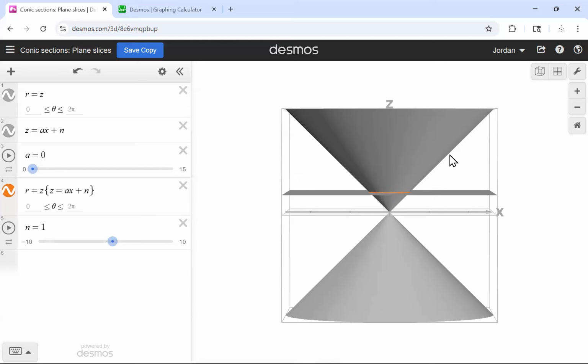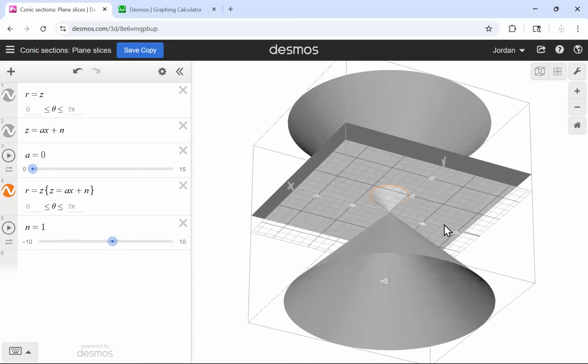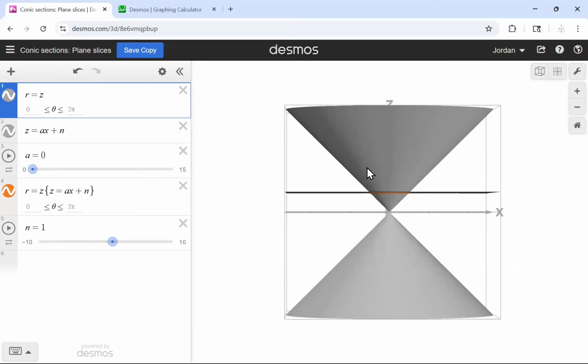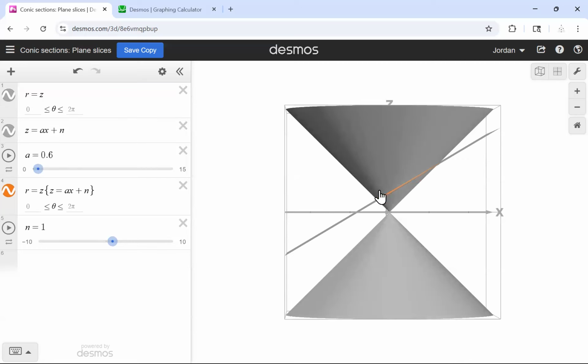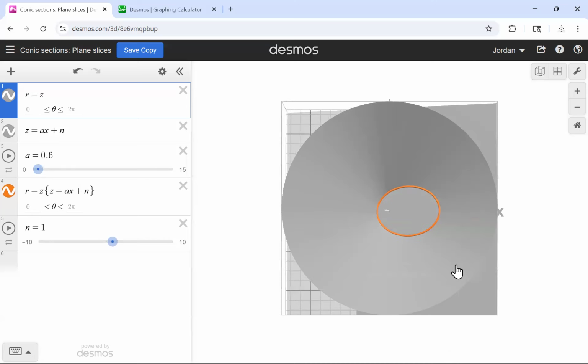The side of this cone, in a standard three-dimensional cone rotated around, has slope of 1 if you think about it in the xz direction. As the slope of this plane starts growing anywhere between 0 and 1, the plane is cutting this cone, and the intersection of the plane and the cone is forming an ellipse.